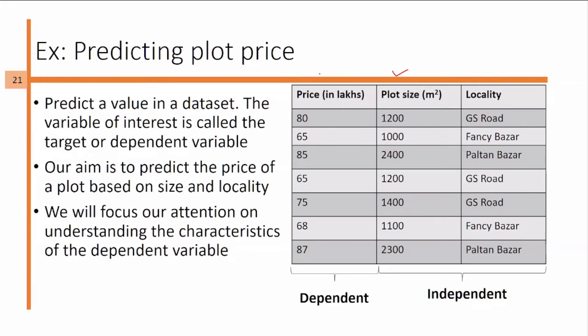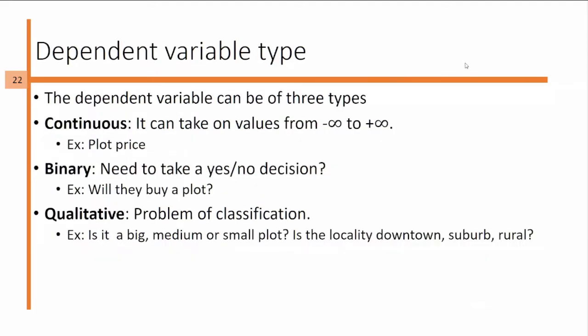This column is the price of the plot, this is the plot size, and this is the locality. The price becomes my dependent variable because this is what I'm trying to predict, and the plot size and the locality are my independent variables.